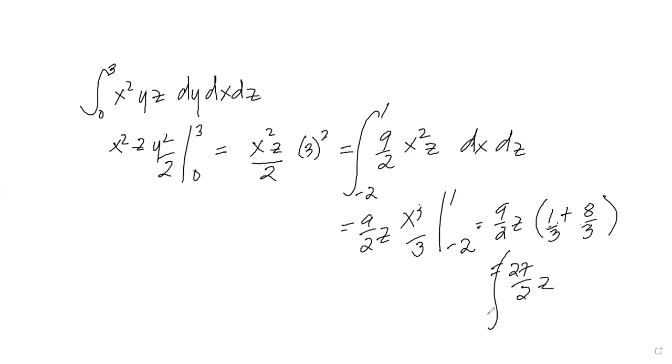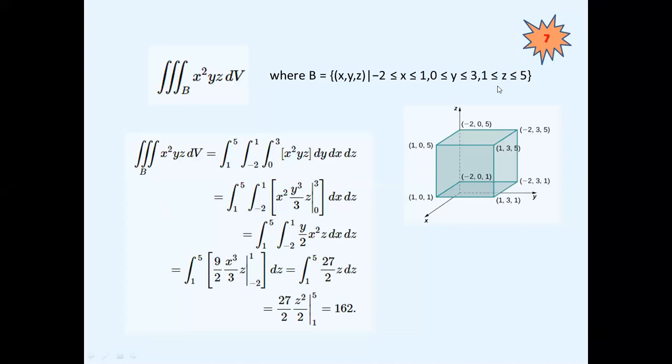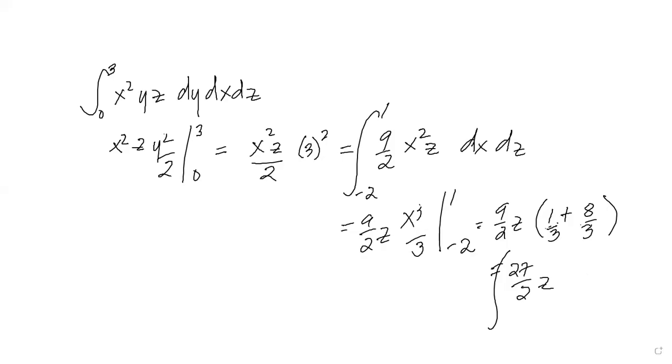We will integrate for the last time using the limit 1 to 5 for the z. So this one will be from 1 to 5 dz. By the way, when you write your integration process, the rest of the integral should be written.